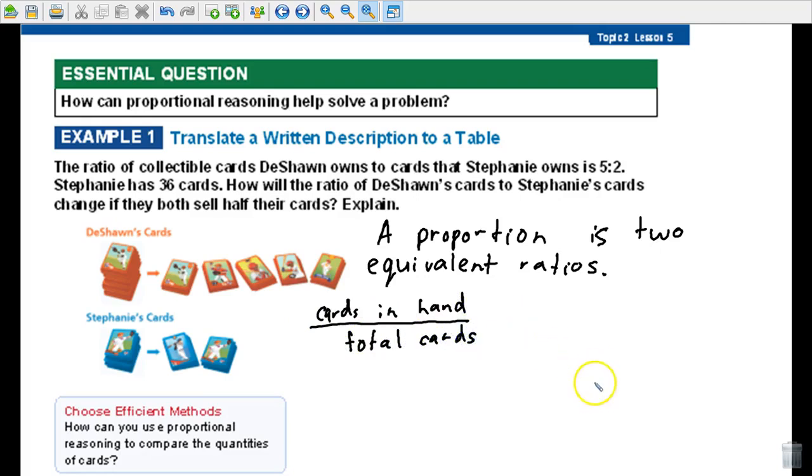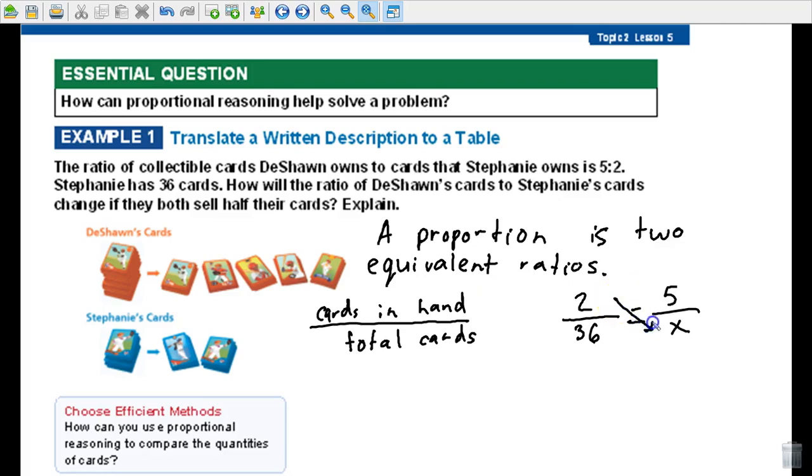So that's what I'm doing for Stephanie and Deshaun. For Stephanie, I've got two cards in hand, and her total amount is 36 cards. So Deshaun has five cards in his hand, and then we don't know the total, so we're going to make it a variable x. Okay? So the first way, this is our proportion, and we have to cross multiply to solve how many cards Deshaun owns, and then we can work out the question that they're asking us.